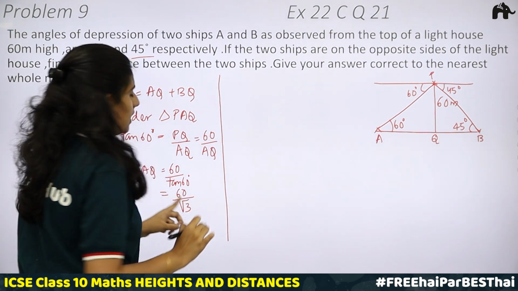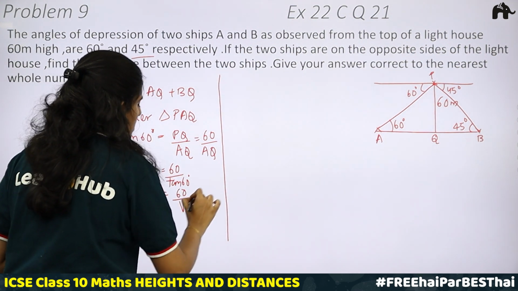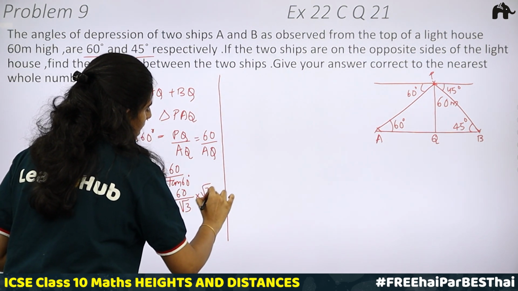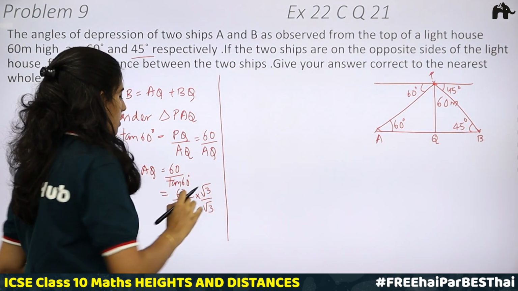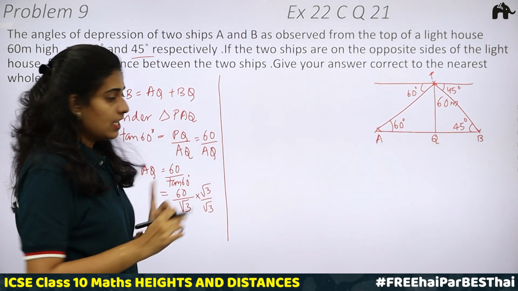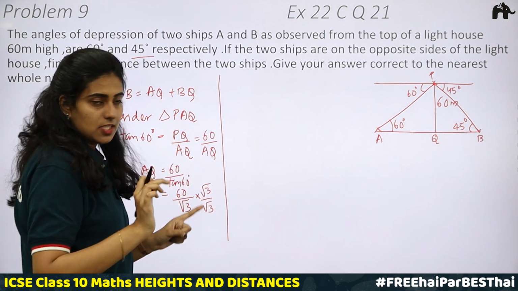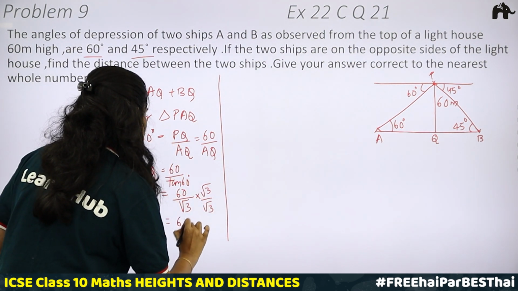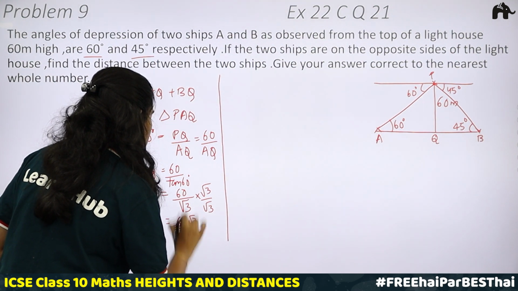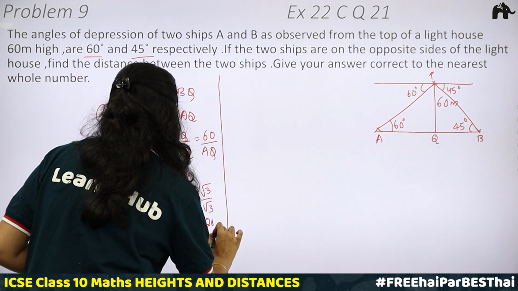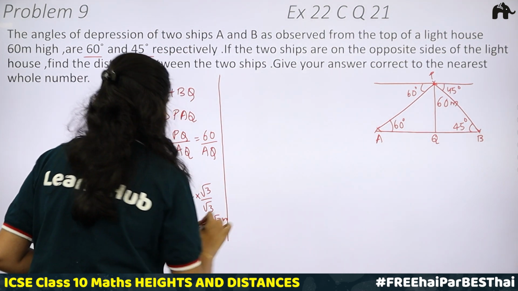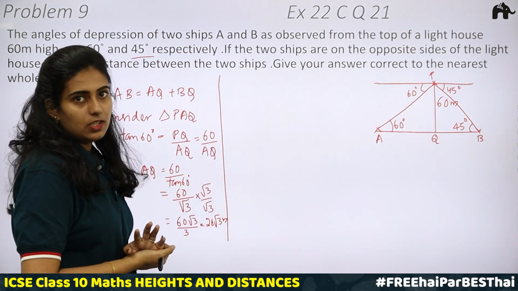In the denominator we have a root, so we multiply numerator and denominator with the same number, that is root 3 into root 3. Root 3 into root 3 becomes 3. That is 60 root 3 divided by 3, which is equal to 20 root 3 meters. AQ is 20 root 3 meters.